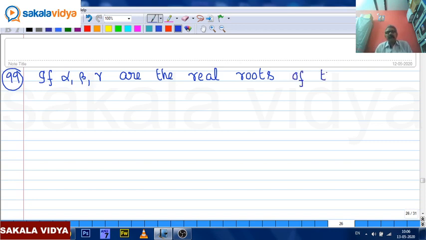Real roots of the equation x cube minus 3px square plus 3qx minus 1 is equal to 0.